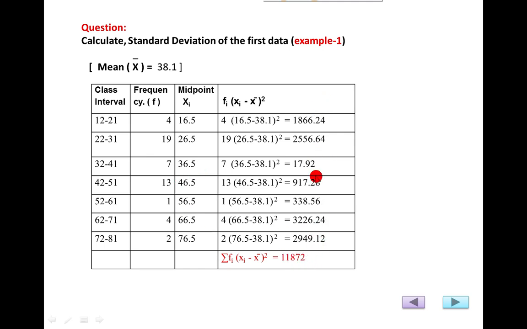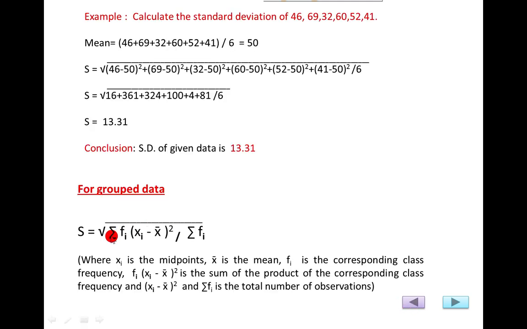So this value is the sum of the product of xi minus x bar whole square and the corresponding frequencies. And substitute this value in the formula. This is the formula, this is the numerator term divided by 50, and simplify, and we will obtain the standard deviation.